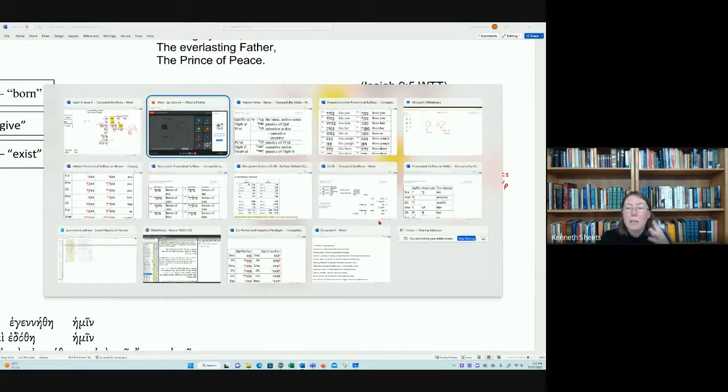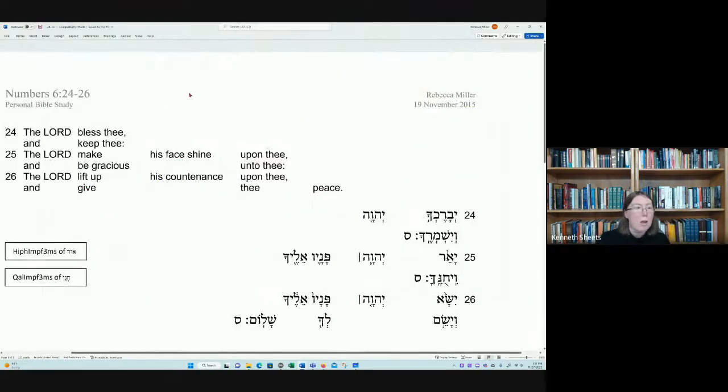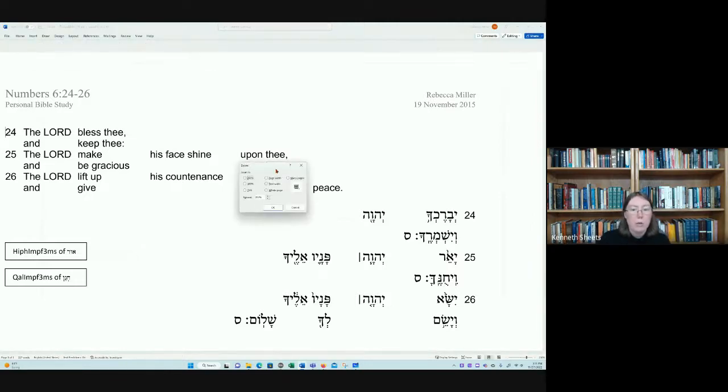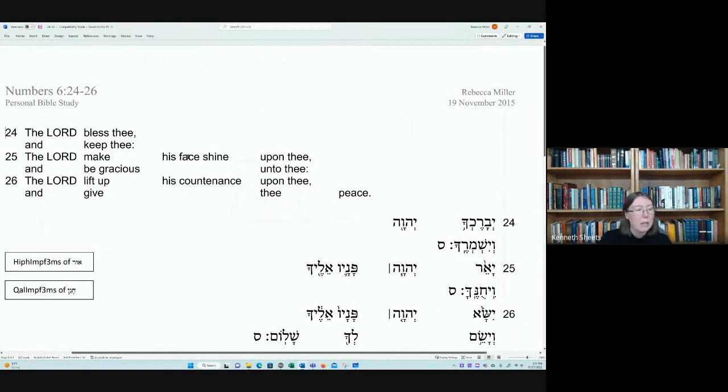They are exactly the same form that you will see on prepositions and on nouns, but they'll occur on verbs and they will be the objects of the verbs. So let me just go ahead and show you what I mean here as we take a look at Numbers 6:24 through 26.